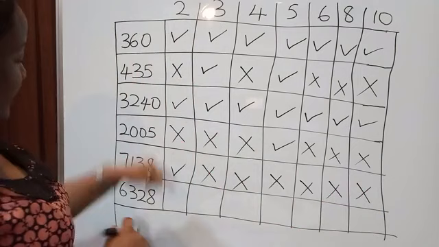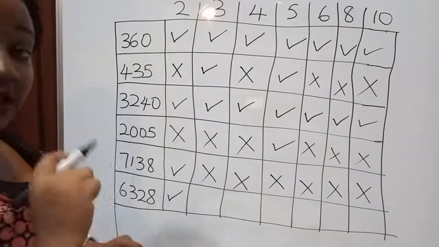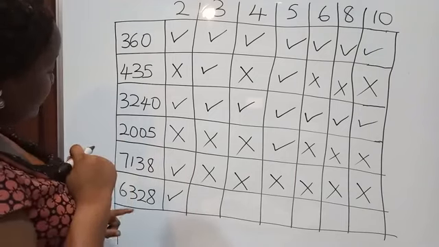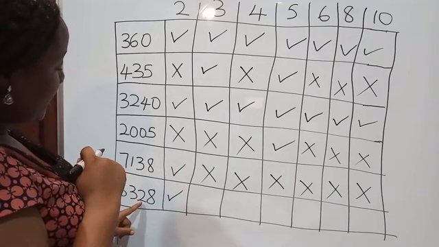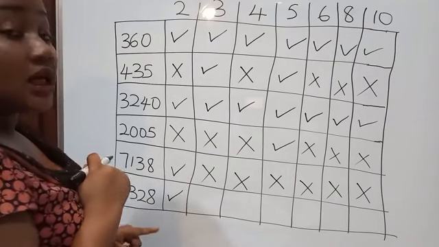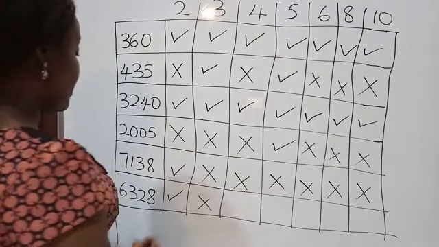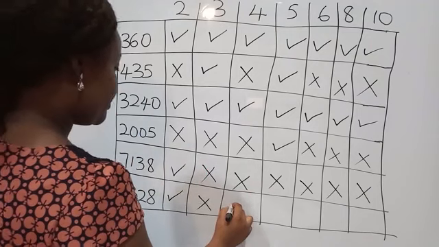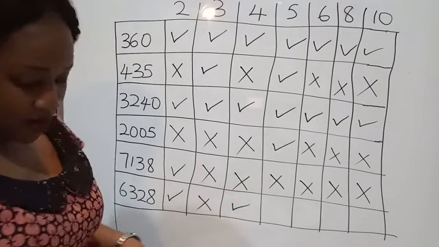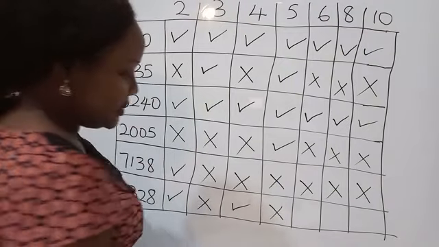So let's look at 6,328. Yes, 2 will work. Let's find out if 3 will work. We have 6 plus 3, 9, plus 2, 11. 11 plus 8, 19. 19 again. 3 won't work. Will 4 work? 28, 4 should work. 5's not working because it doesn't end in 0 or 5.